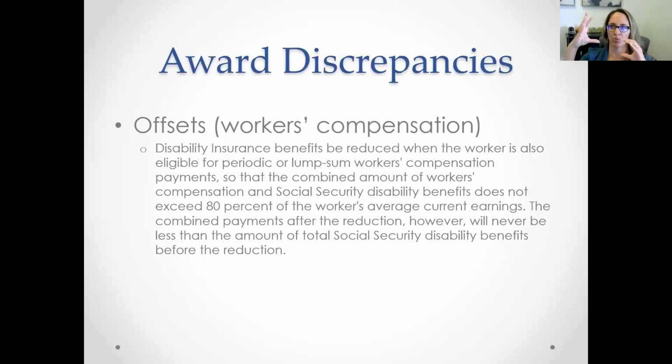So Social Security will reduce how much they pay you to get to that 80% amount. And sometimes they do this wrong, or the amount that you're getting under workers' comp changes, and Social Security didn't know about that change. So sometimes you might need to appeal the notice of award that you get, once you win, because maybe the offset was calculated incorrectly.